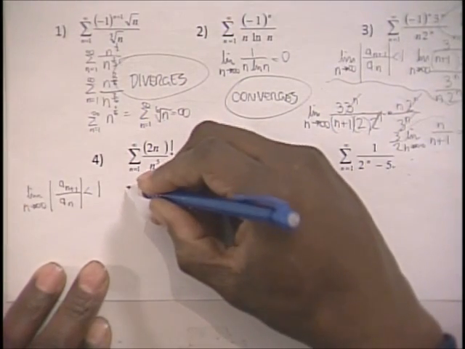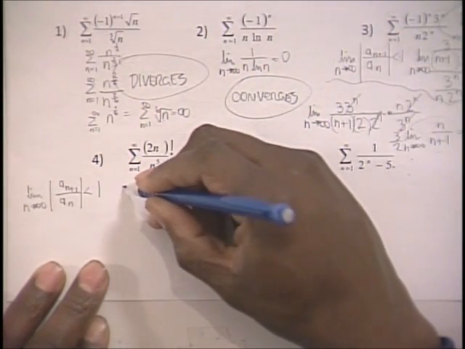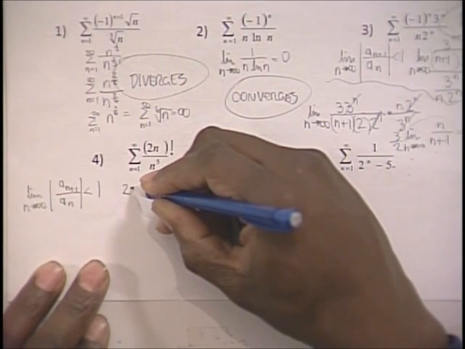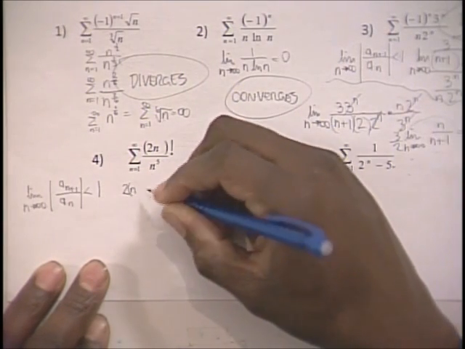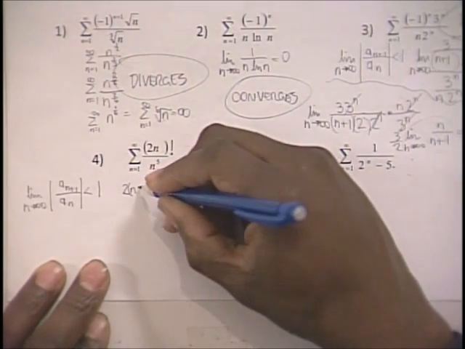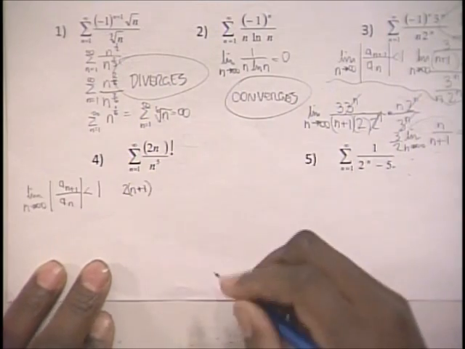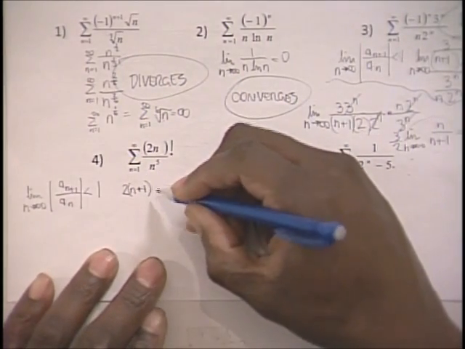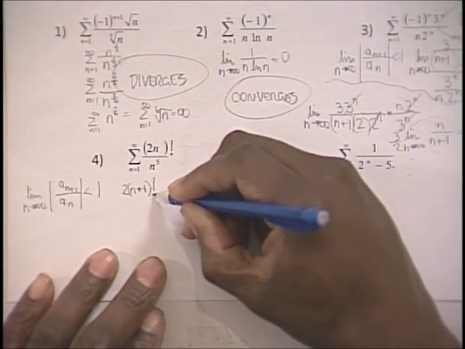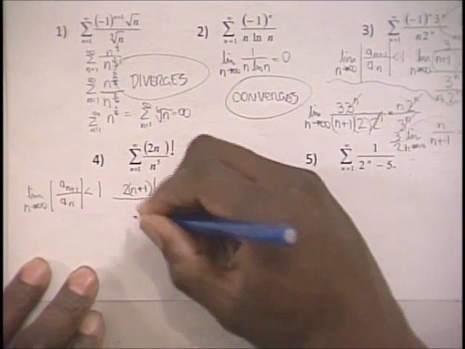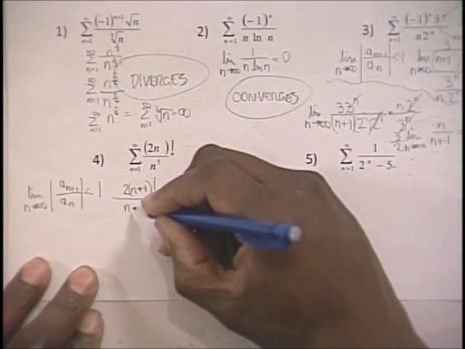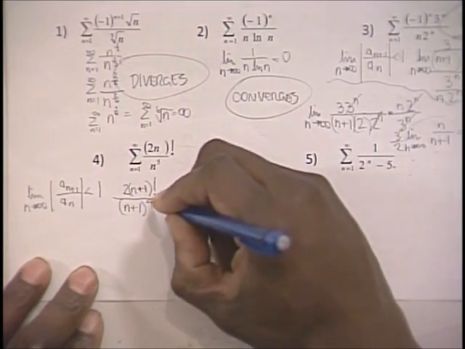So here we go. So we have 2 to the n plus 1, all right, and that is factorial over n plus 1 to the 5th.